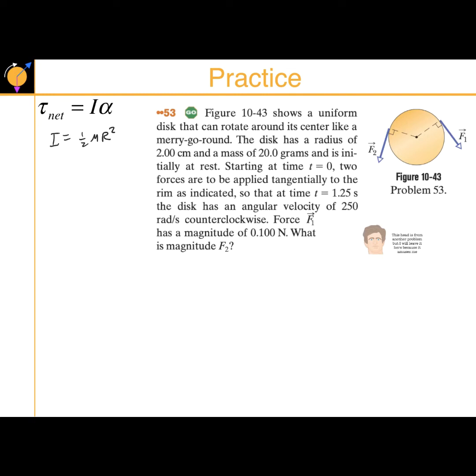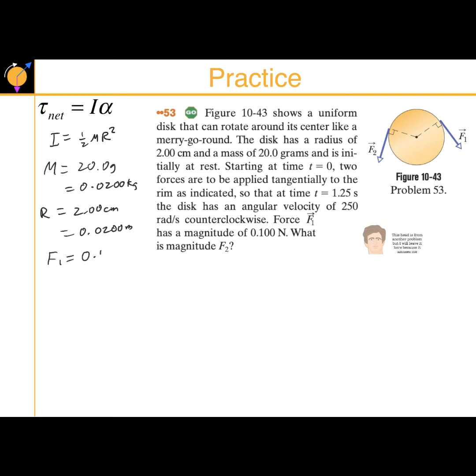We have the mass of our object, m. It's 20 grams, and we'll write that in kilograms, so that's 0.0200 kilograms. We have the radius is 2 centimeters. Let's write that as 0.0200 meters. We'll keep some sig figs in there for now. F1 is given.